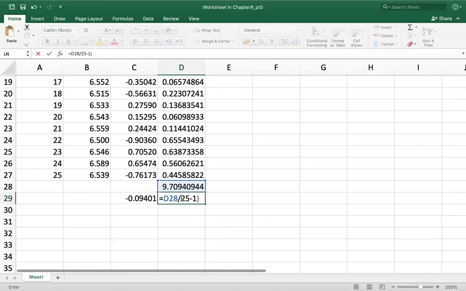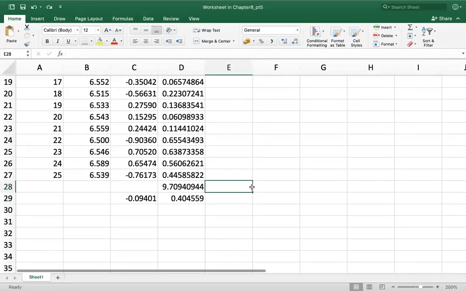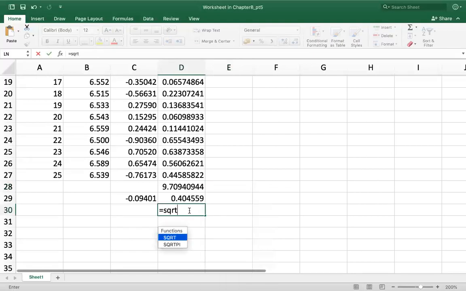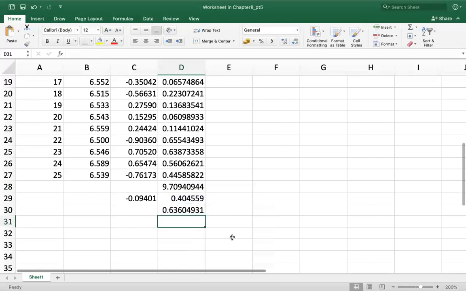So our variance here, in terms of percentage, is 0.404559, right? And if I want to calculate standard deviation, it will be the square root of this value, which is 0.6364, and so on, right? So this is how to calculate the variance and standard deviation.